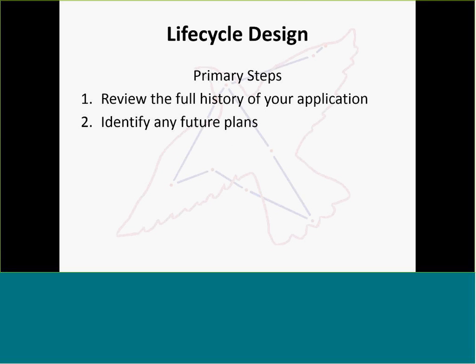You identify future plans. Are you adding a new site? Are you planning on adding a new formulation? These are things that you should keep in mind when designing your backbone, just like you would keep them in mind when you're doing your clinical studies early on, before initial application. It's the same sort of concept.